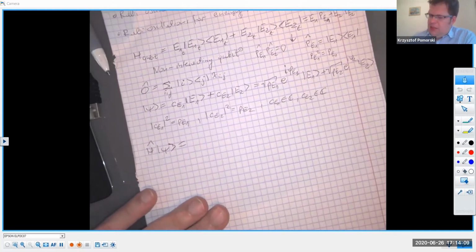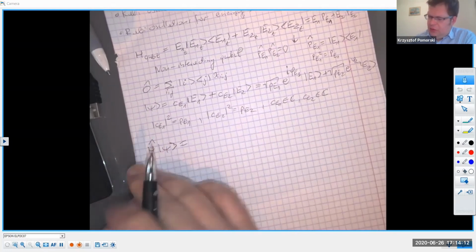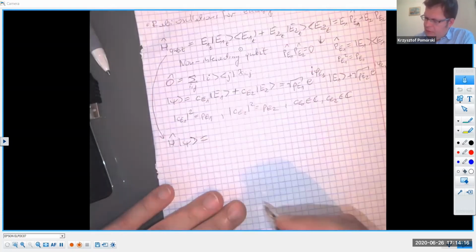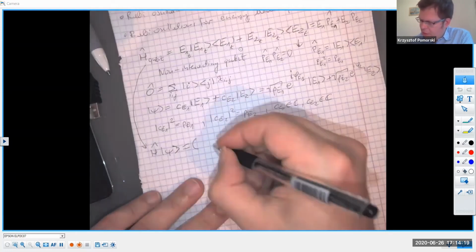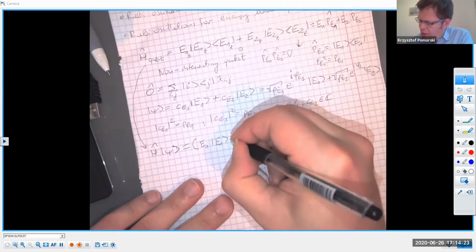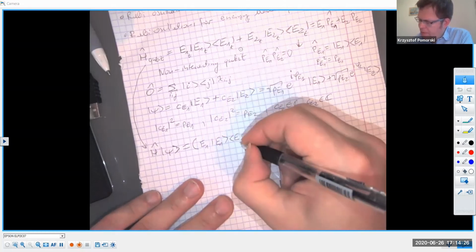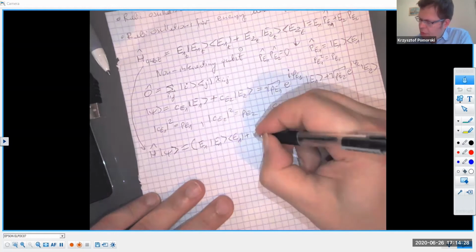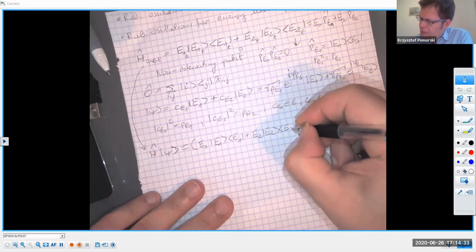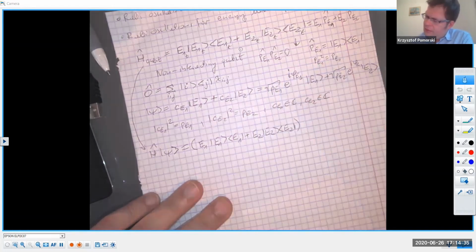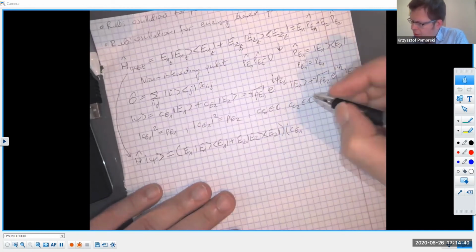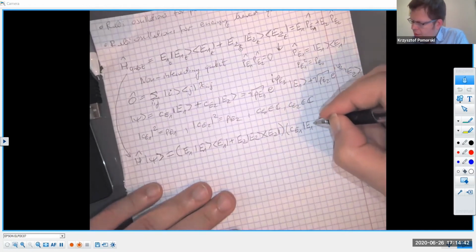So what happens if you act with such a Hamiltonian on our state is that we simply have it in such a way, plus E2, right, and then here goes our quantum state.